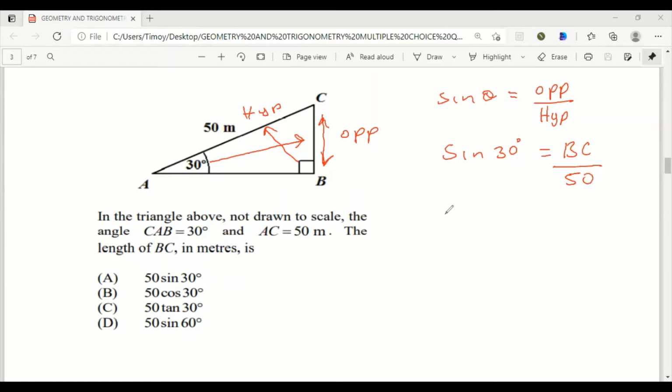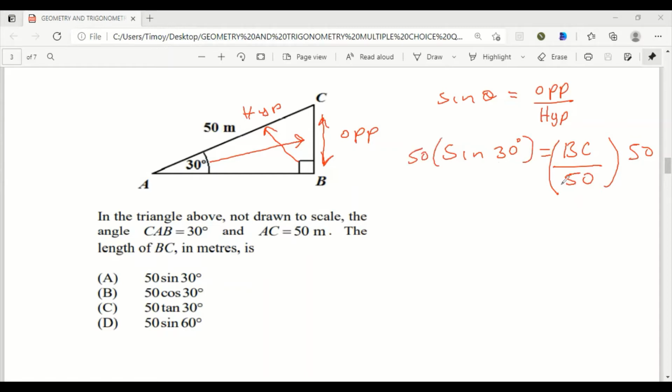Now they want us to find BC. Note that this is a multiple choice question, so you're not allowed to use a calculator. So they don't want an exact value. All they want you to do is to transpose this to make BC the subject. And how can we do that? Multiply both sides by 50.